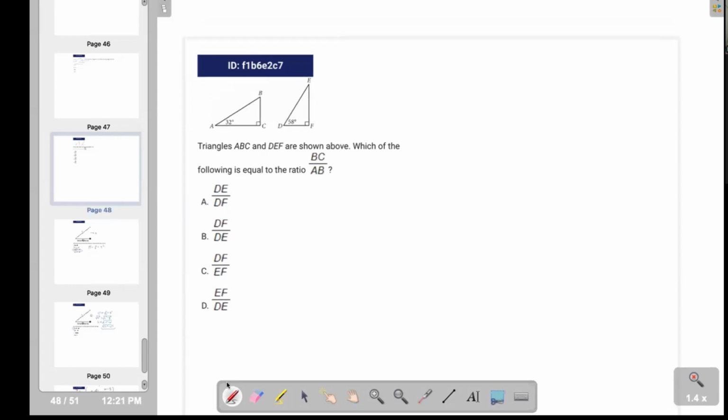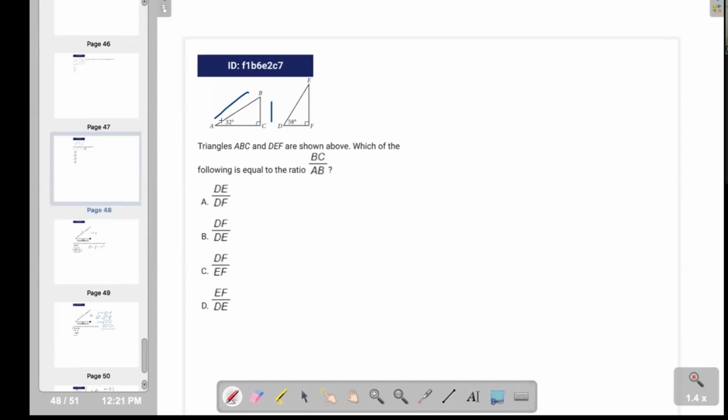When they say that BC is related to AB and there's a ratio, we're saying these two are related to each other and there's a ratio between them.